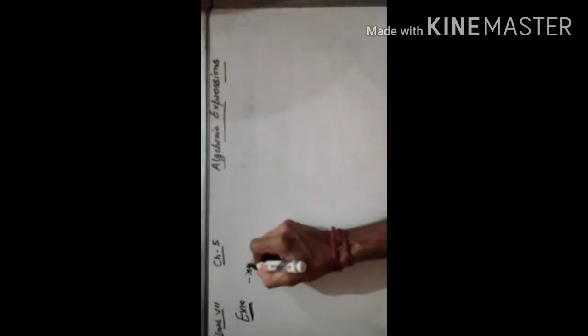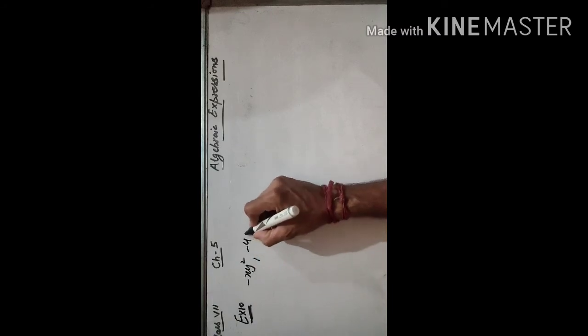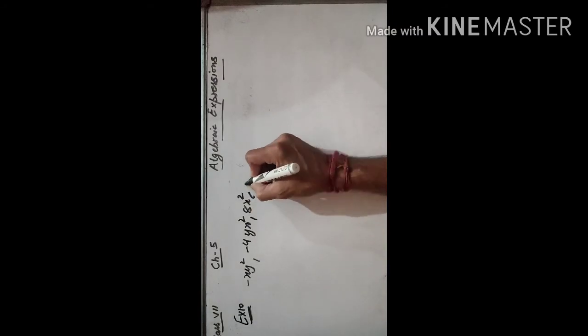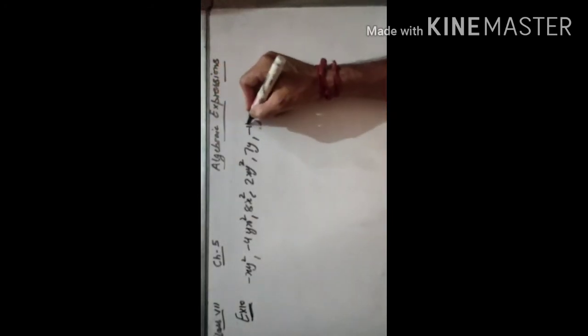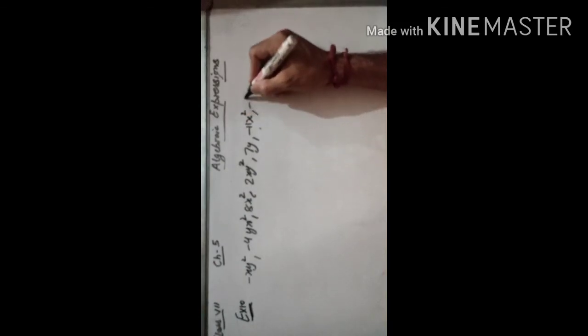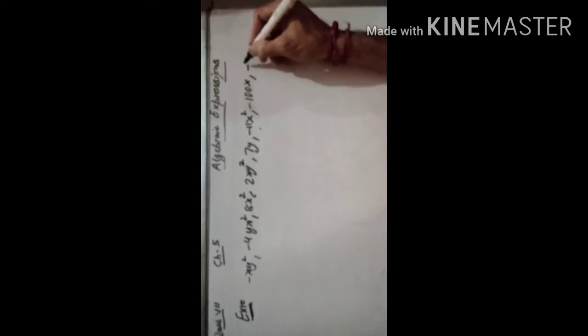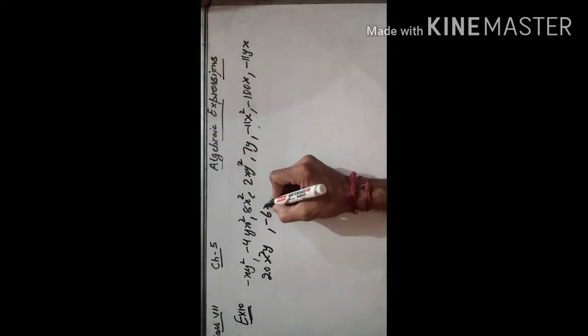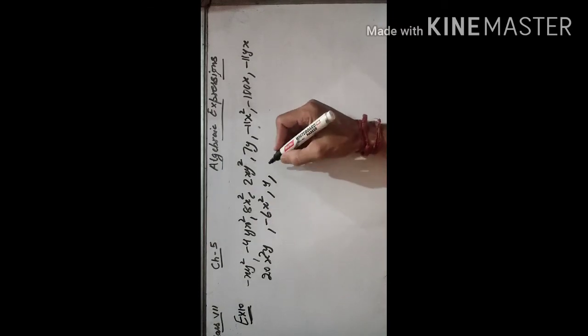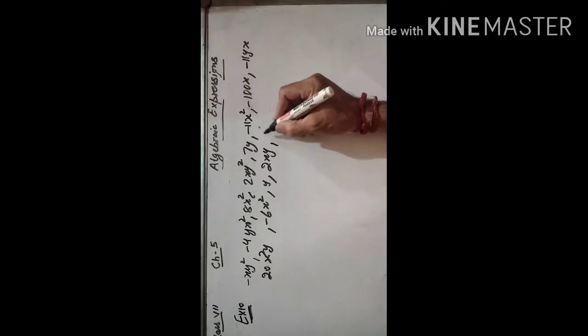Now example number 10. Example 10 is: identify the like terms in the following: minus xy square, minus yx square, minus 4yx square, minus 8x square, 2xy square, 7y, minus 11y square, minus 11x square, minus 100x, minus 11yx, 20x square y, minus 6x square y, 2xy, minus 3x.